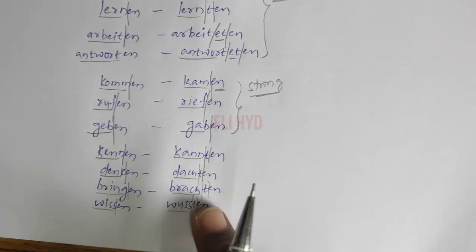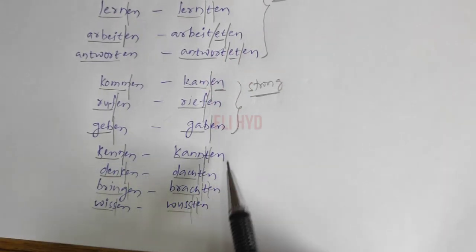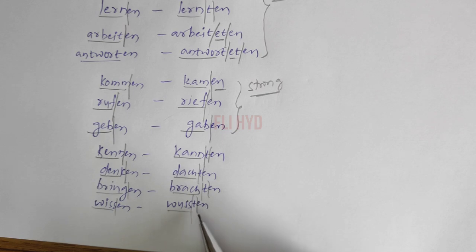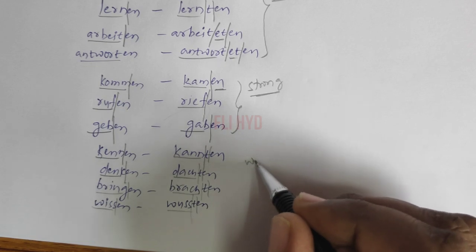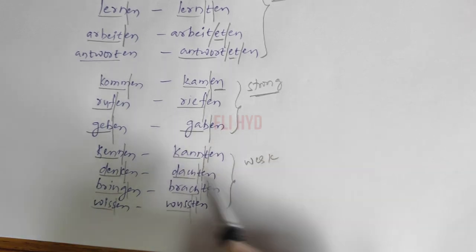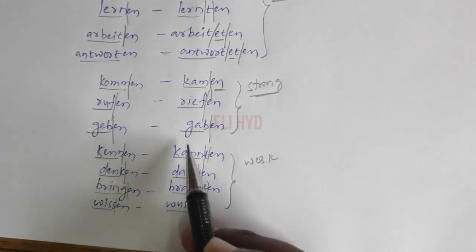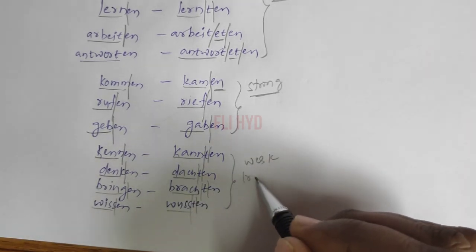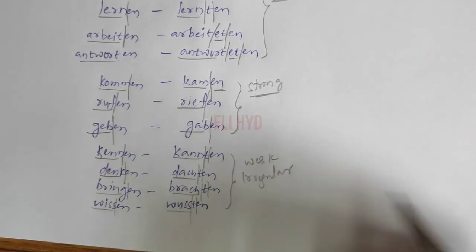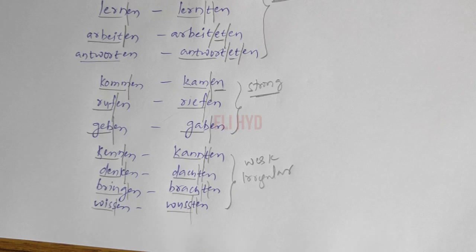Now what do we call these kinds of verbs, like kennen, kannten, dachten, brachten, wussten: weak verb or strong verb? As there is a t, we call it a weak verb only. But as the stem changes in the past tense, we call it weak irregular. So we call these verbs weak irregular.